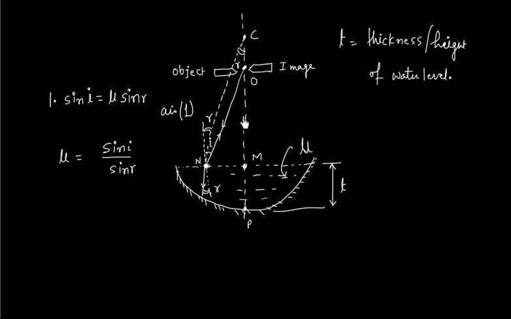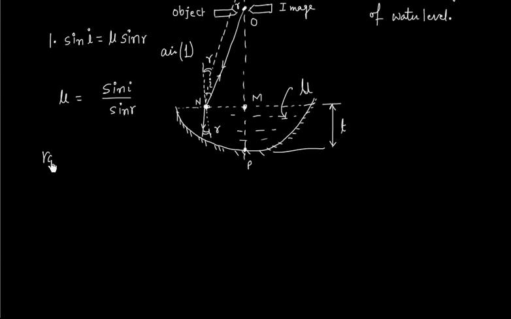Basically these rays are paraxial rays, very close to the axis. So we can assume I and R are very small.